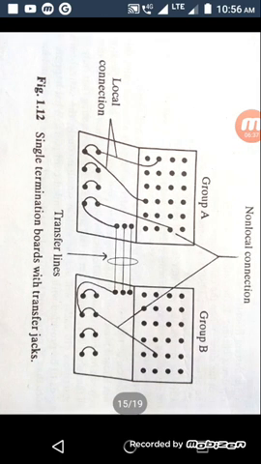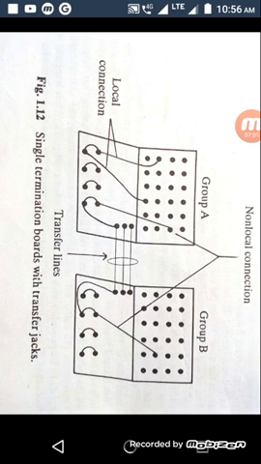It is an internal diagram of the internal connections of jacks. In this we see two groups, group A and group B, and also two connections, local connection and non-local connection. In local connection, the linking system or tracks are connected locally. Only group A will be connected to several links.